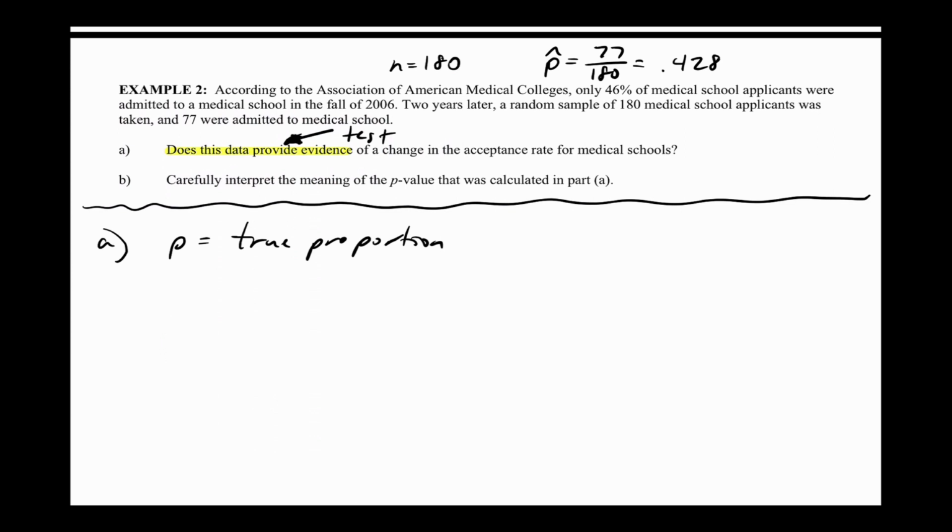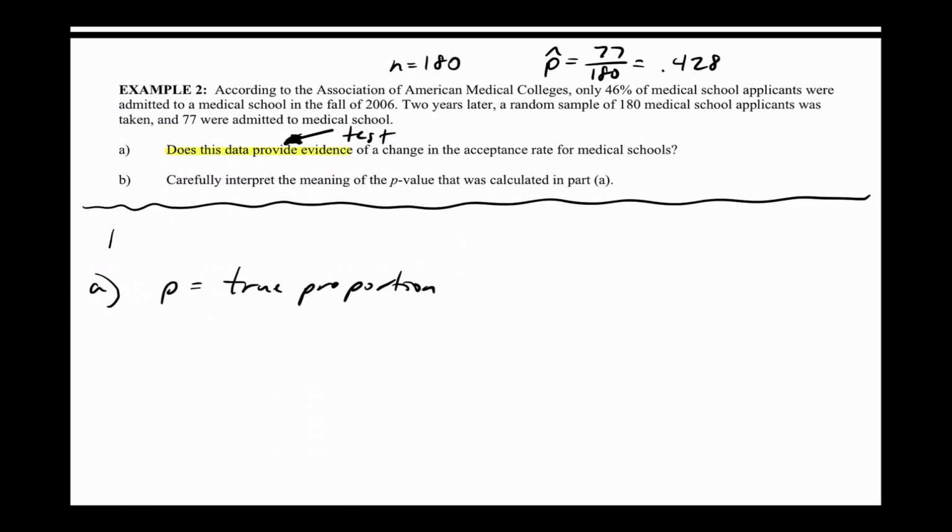It's good to label, so that whoever your reader is can easily spot it. The more well organized you are, the easier it is to grade, which means you're probably going to get a better grade.